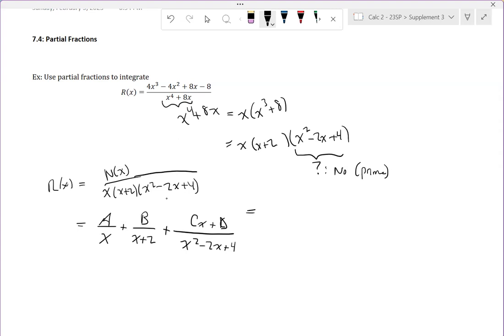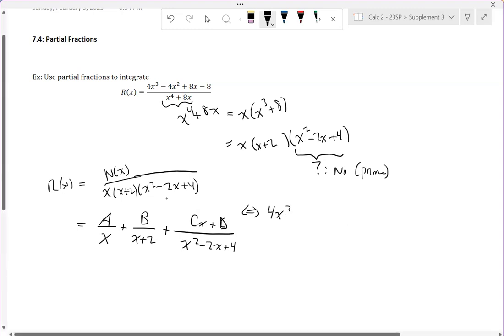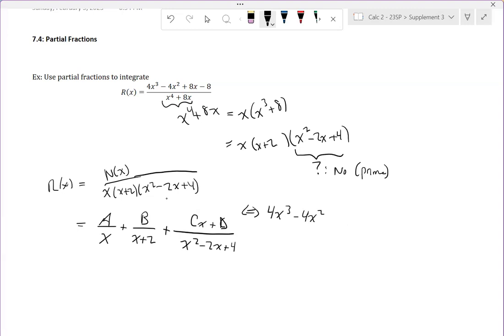And I can multiply through by the denominator, and I can say that n of x, which I will now write out, is equal to, so if I multiply the a over x by the denominator, the x's cancel out, and I'm left with x plus 2 times x squared minus 2x plus 4. But remember, that was just x cubed plus 8. So let's write it that way.